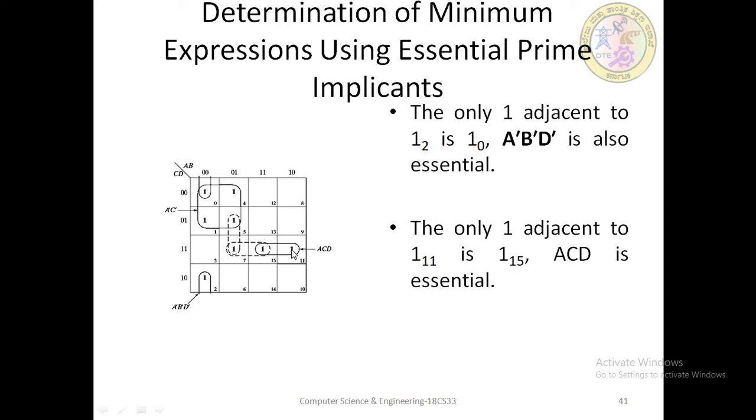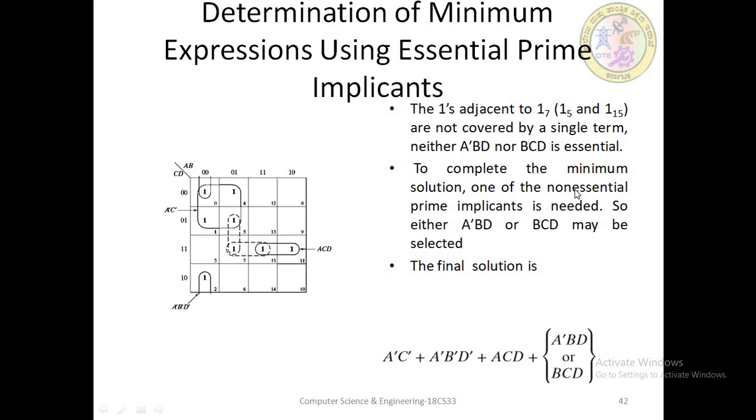Next we'll try 11 and 15. Here you can see this has already been shared with this one, and we are trying to have it independently, so it will also become essential.